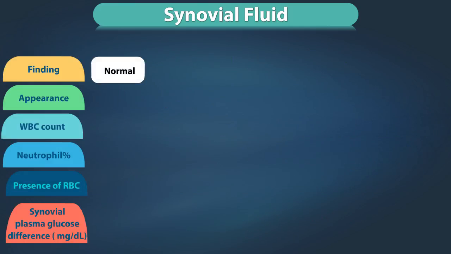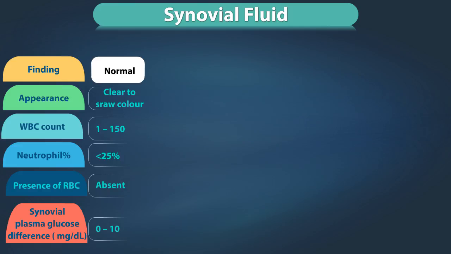The normal fluid will have clear to straw colored appearance, 1 to 150 cells per microliter, neutrophil percentage of less than 25%, absent RBC, and 0 to 10 milligram per deciliter difference between the synovial and the plasma glucose level.